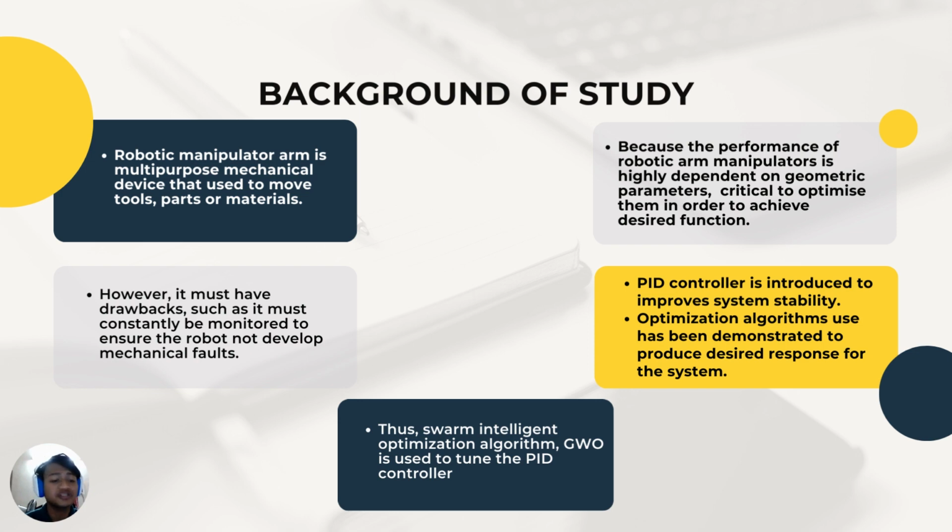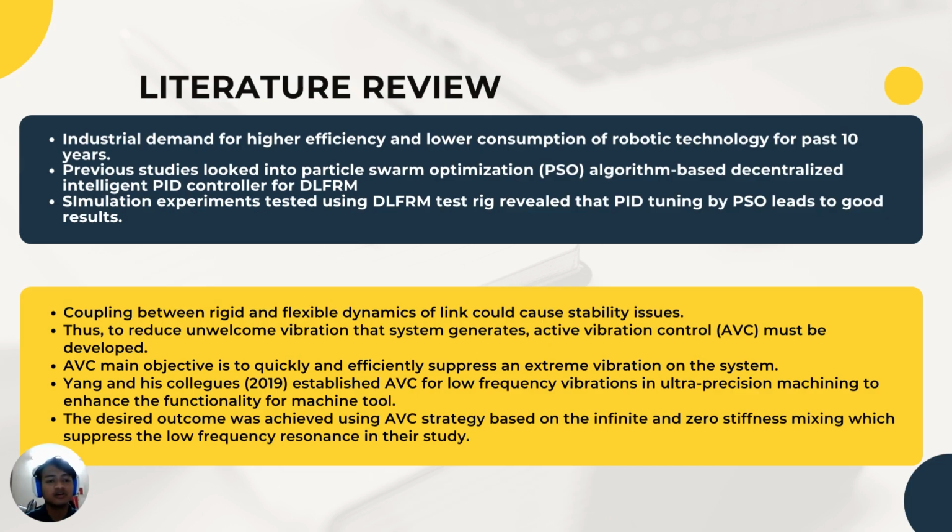A PID controller is introduced to improve the system stability. Optimization algorithms have been demonstrated to produce the desired response for the system. Thus, a swarm intelligence optimization algorithm, the Grey Wolf Optimizer (GWO), is introduced into the system to tune the PID controller.